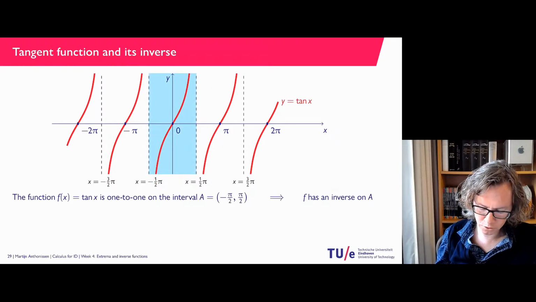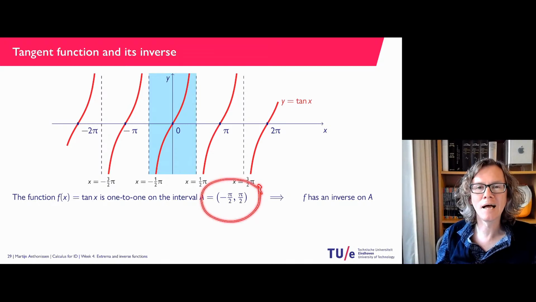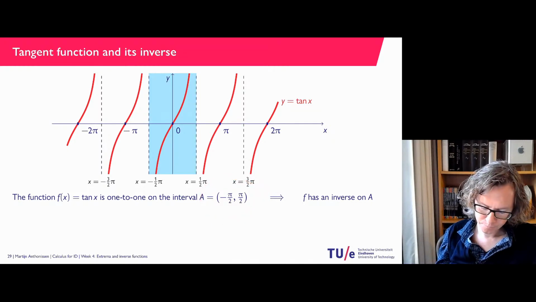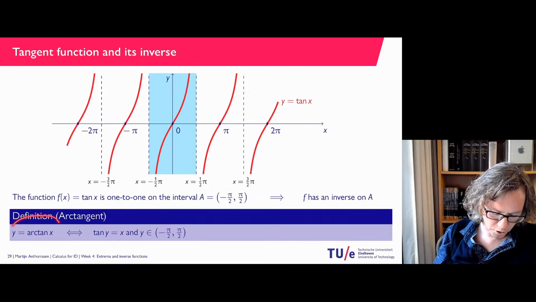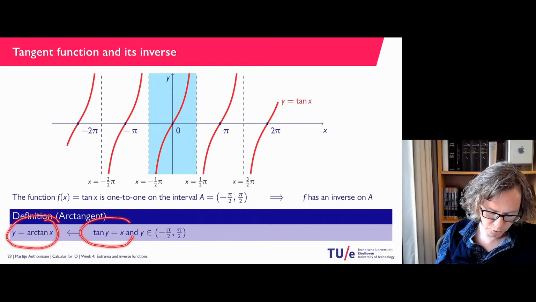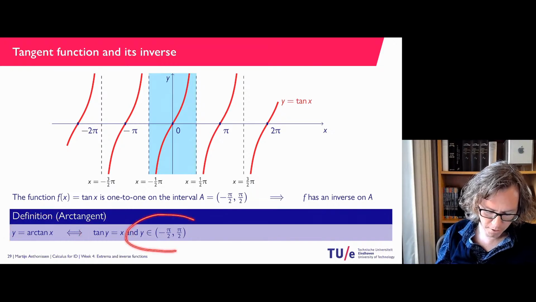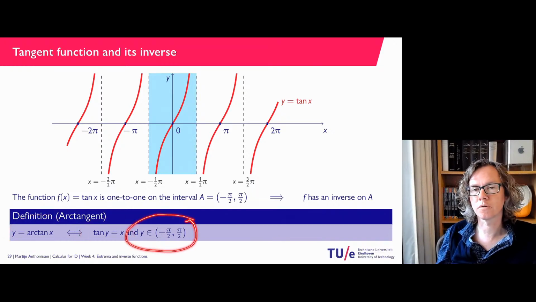So we are going to consider the tangent on the interval from -pi/2 to pi/2, endpoints excluded, because the tangent is not defined at the two endpoints. So this is the arctangent. So y equals arctangent x means that tangent y equals x, and y is from this chosen interval.